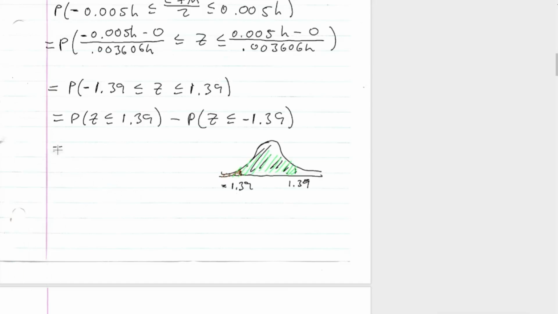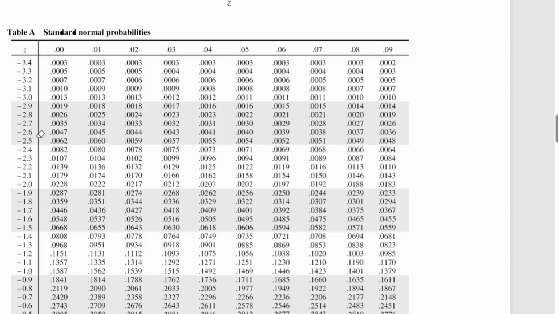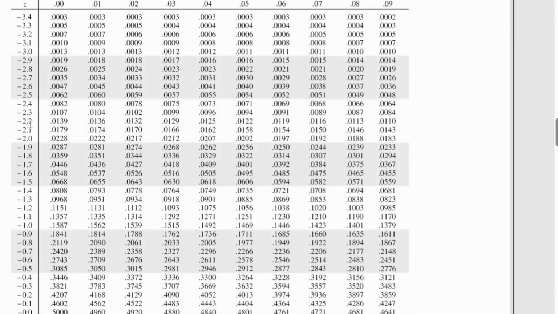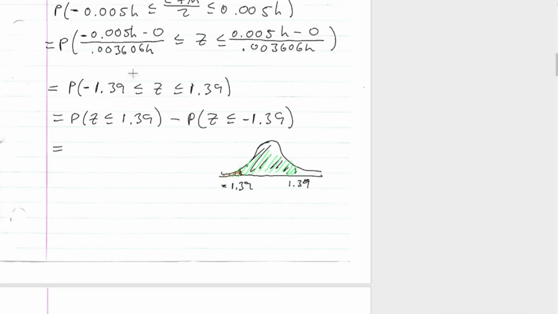Okay, so let's go to our table. Negative 1.39, let's do that first since we're here. Negative 1.3, and then 9 is over here: 0.0823.